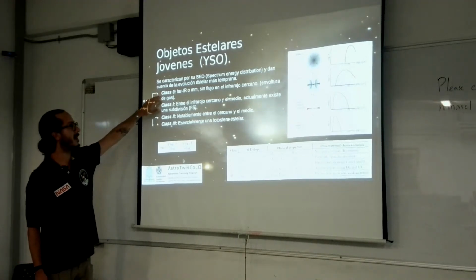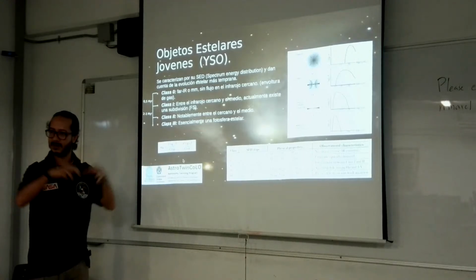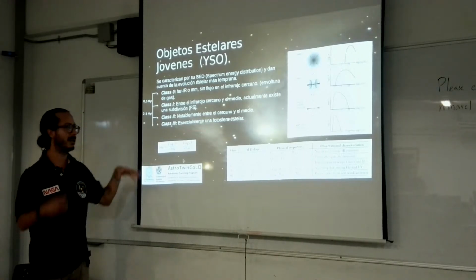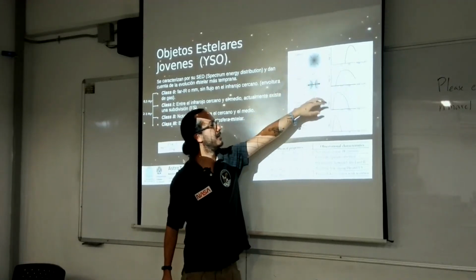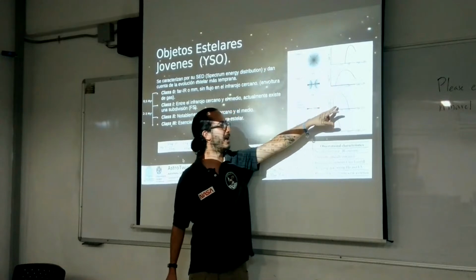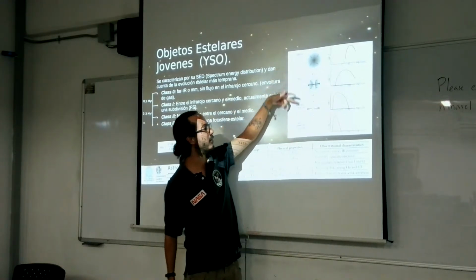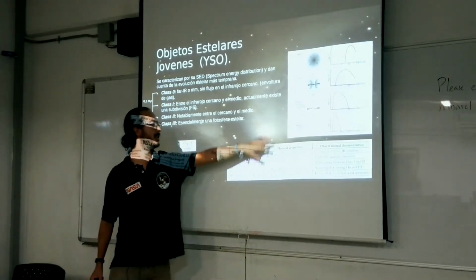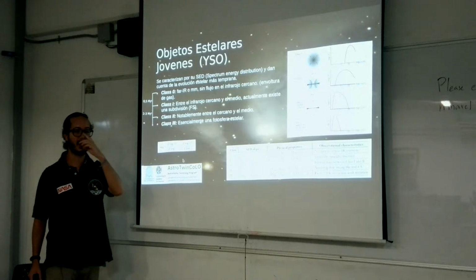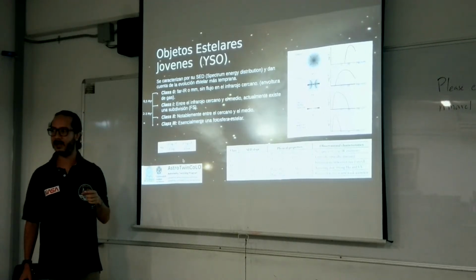In this phase, the star is still in the envelope of the gas, and it's collapsing. And this is a representation of the SED, so you can see more or less how is the evolution of the planetary disk. All these slides and information were taken from a review by Williams in 2011.